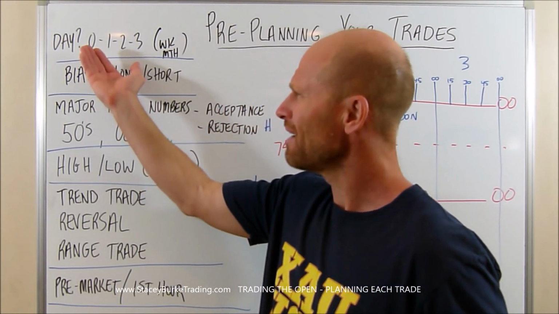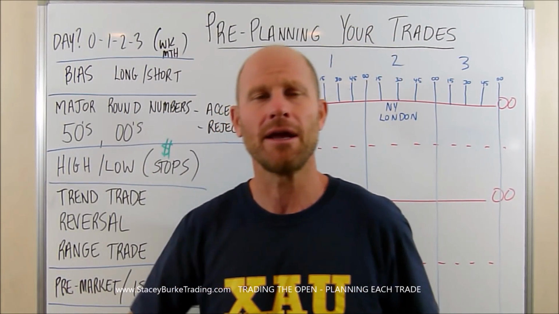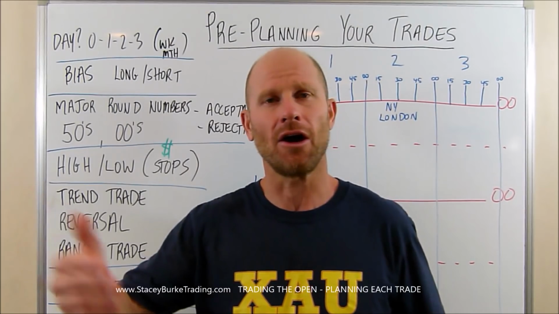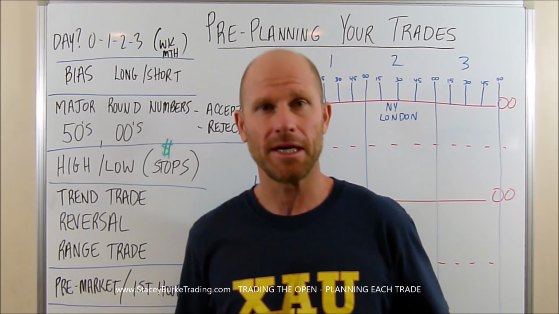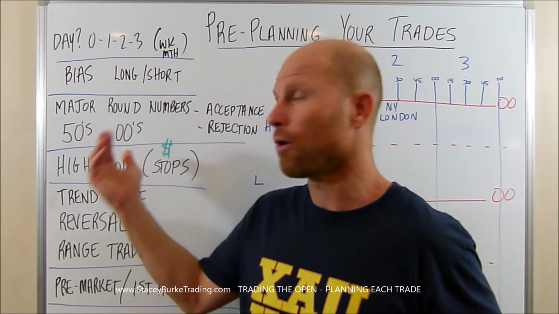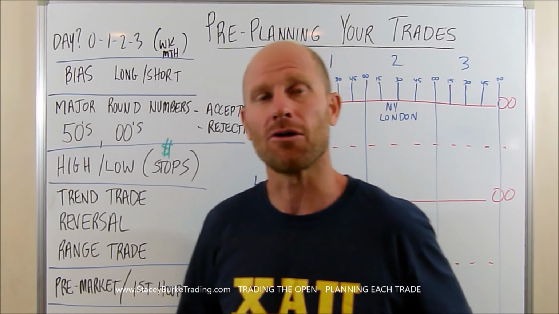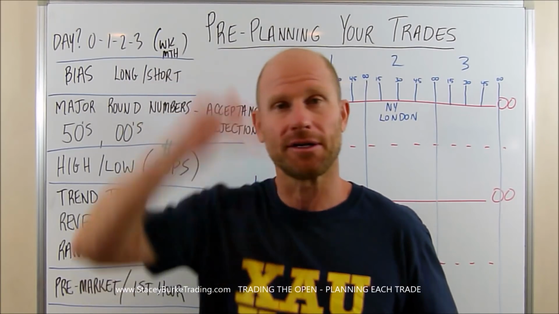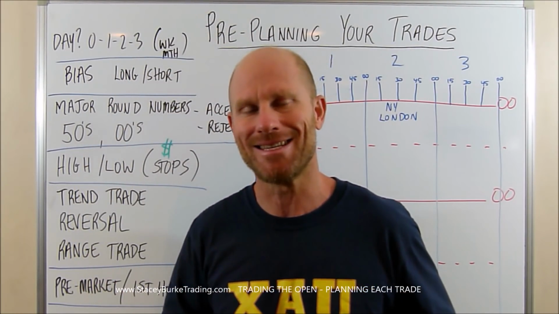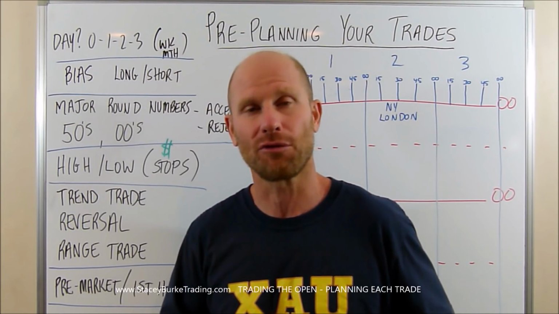So when we're going through day 1, day 2, day 3, often Monday, Tuesday, Wednesday, I'll look for higher highs, higher lows. If we're going down, we should be seeing lower lows, lower highs. If we're going up, we'll see higher highs and higher lows. We get to that day 3, level 3, Wednesday, Thursday, we might start to see two-sided trading, which is indicative of a potential level 3 area.